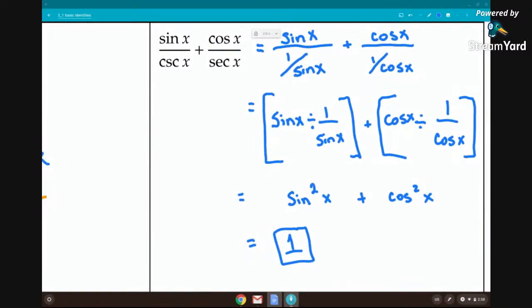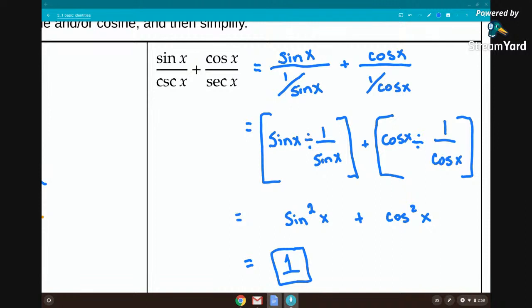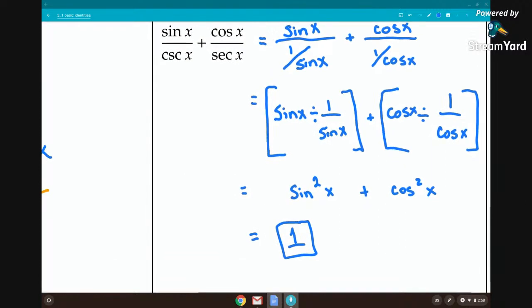Pretty neat. That original fraction in calculus could be rewritten as 1. But I'll stop with the calculus references. You'll get there when you get there. But for now, your goal is to be able to manipulate these expressions using trig identities and simplifying.